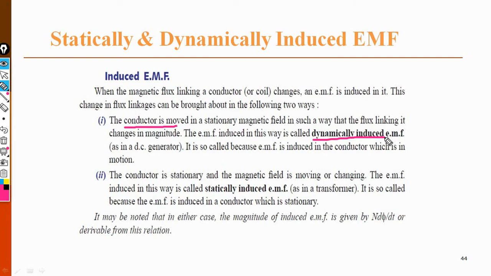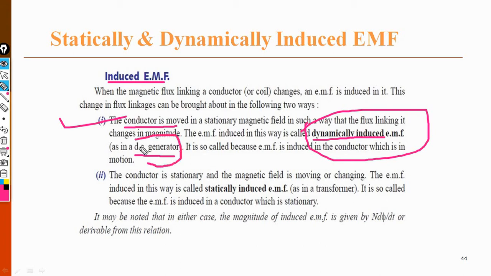This is called dynamically induced EMF. The example of dynamically induced EMF is the DC generator. This is the first type of induced EMF, dynamically induced EMF, and its example is the DC generator.